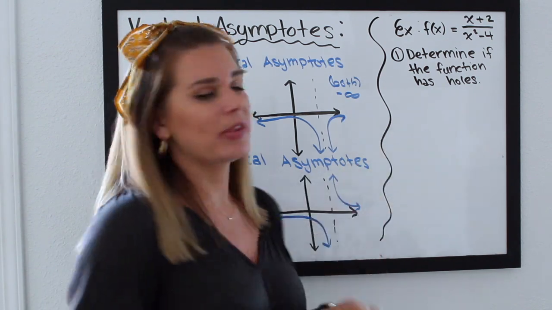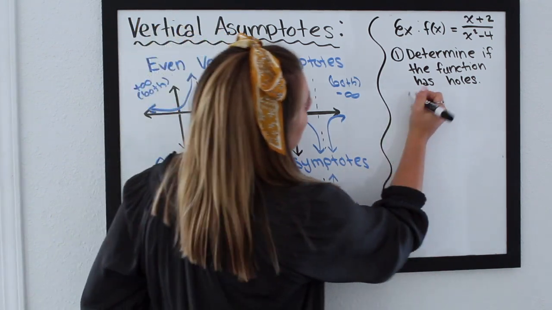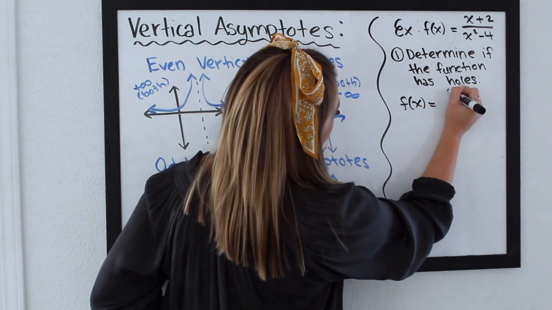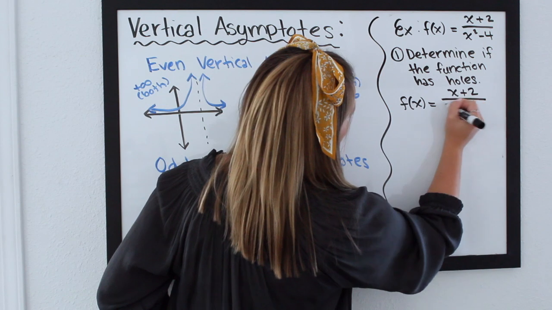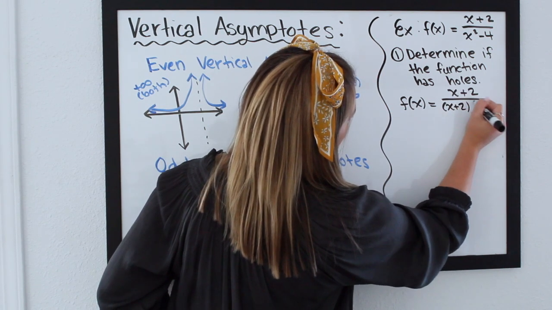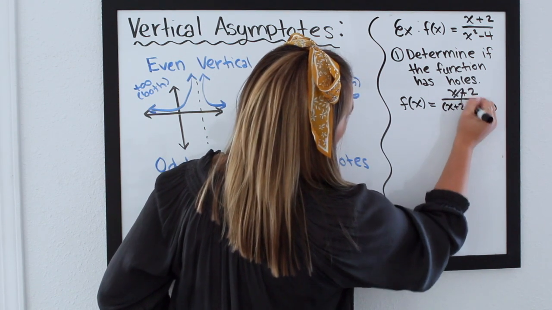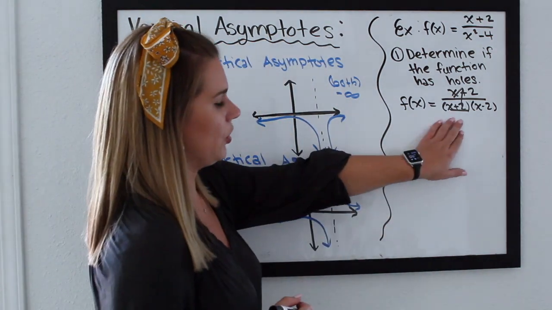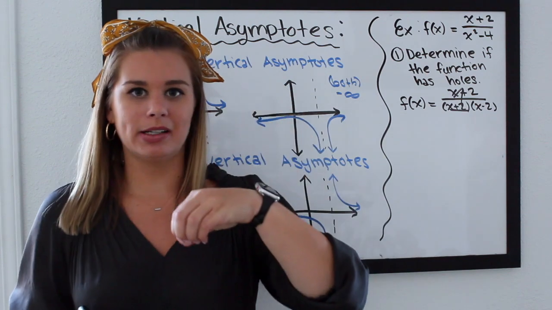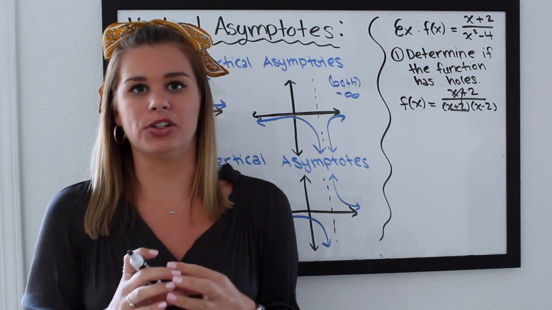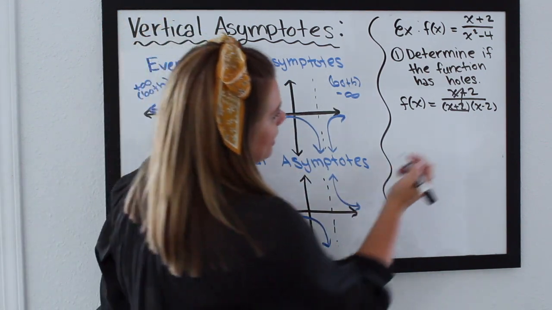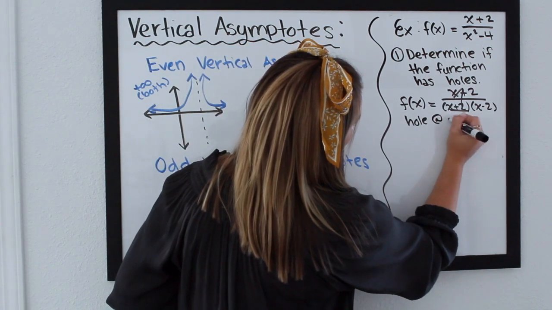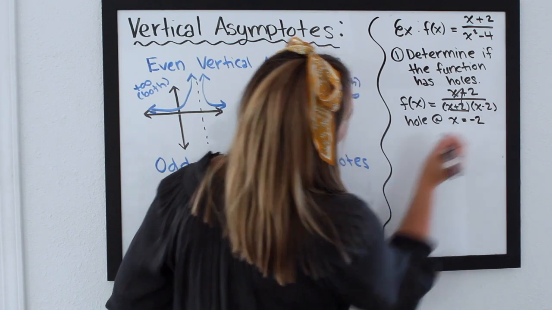So if you remember from the last segment that I just did, we factored our denominator, and we determined that we have a hole at x equals negative 2. That was the value that if I plugged it in, I would get 0 over 0 form. Okay, so we have a hole at x equals negative 2.